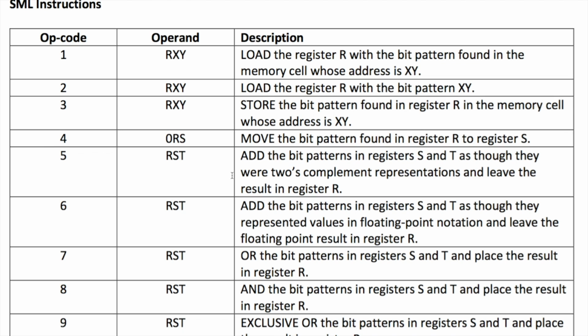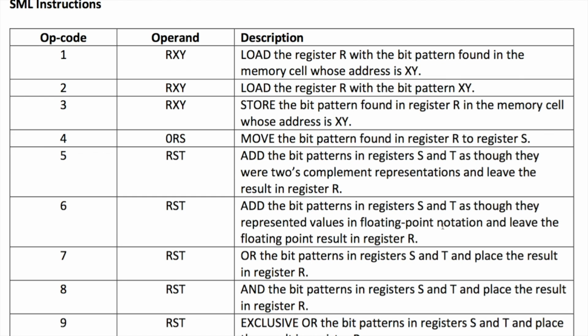For opcode 5, we will add the values from register S and register T and put the result in register R. Note that the addition for this instruction will be performed as if the values are two's complement. For opcode 6, we also have an add instruction, but this one is for floating point.